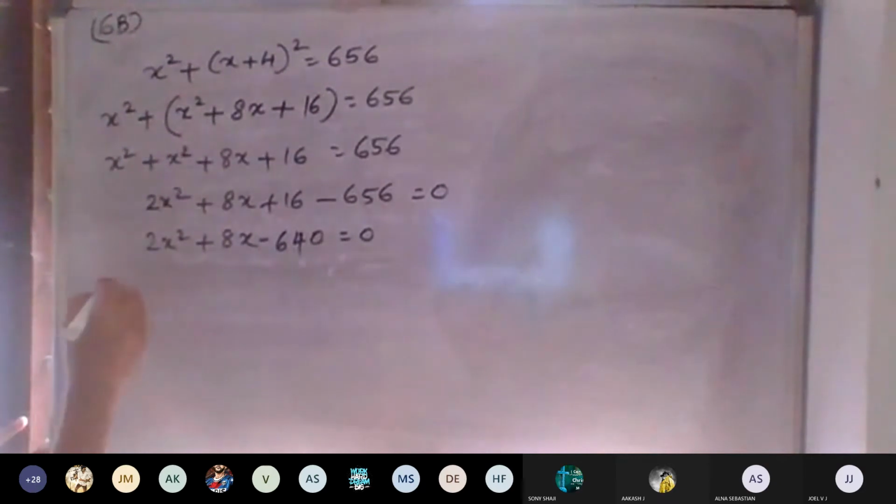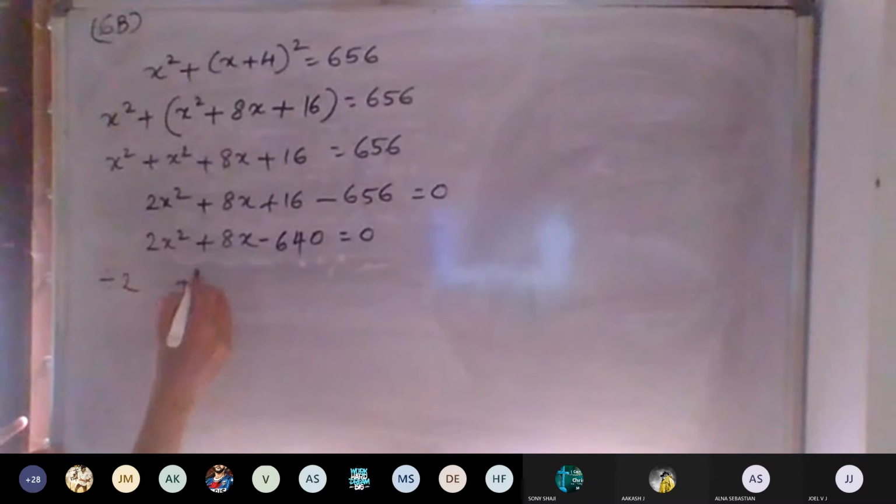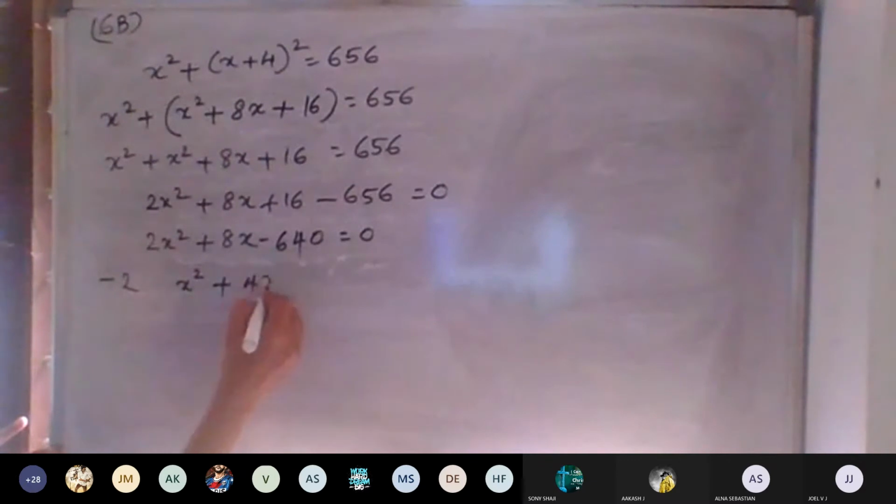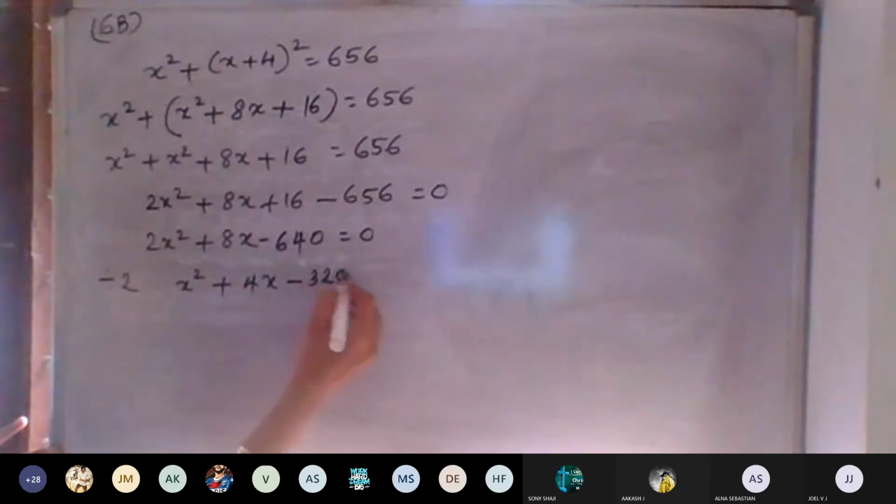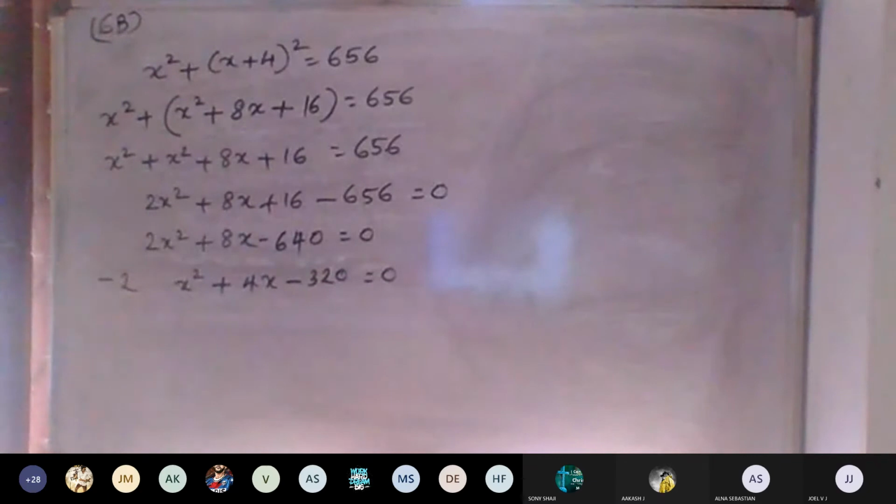Dividing throughout by 2: x square plus 4x minus 320 is equal to 0. Then the product will be negative 320, and the sum 4x.